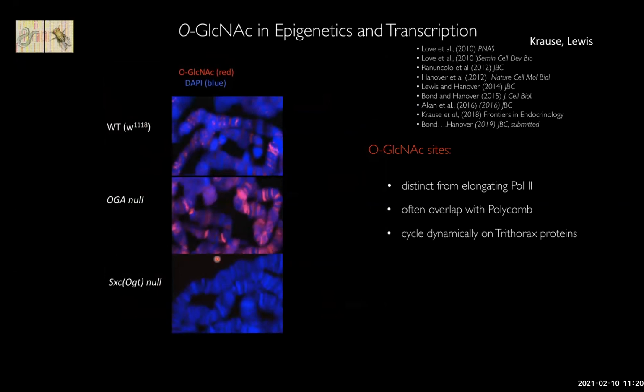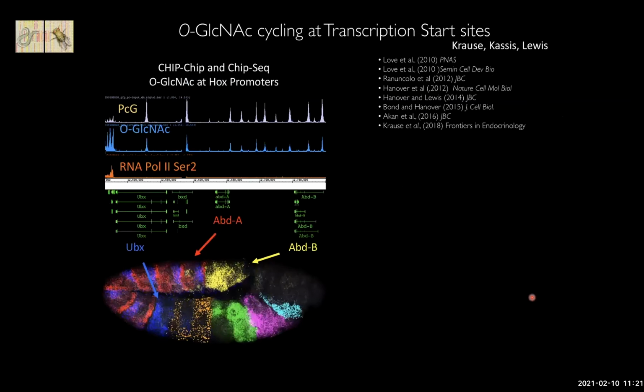And this is kind of a fun example of what you can do with the OGA and OGT nulls. In the fly, OGT is called supersexcomb, because in the fly you have to have a sexy name to get popular in the Drosophila community. OGT is called supersexcomb. It's essential for polycomb repression.